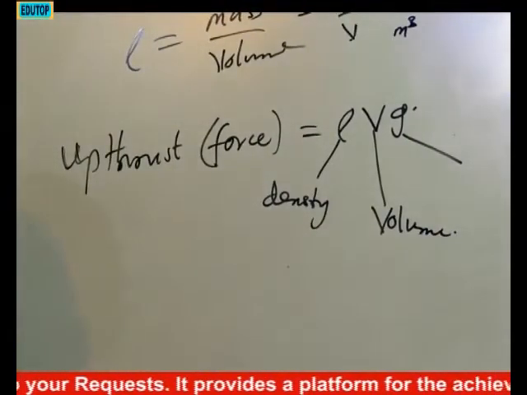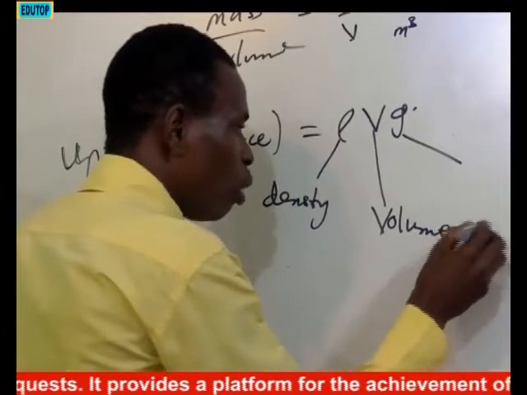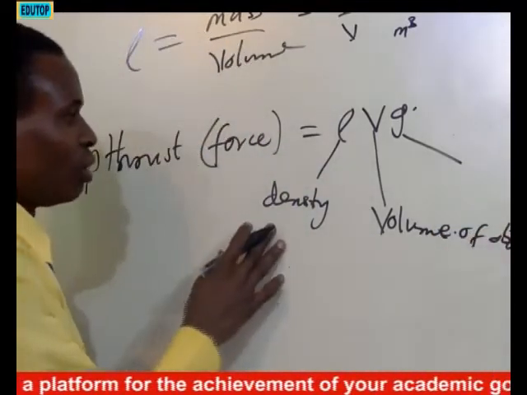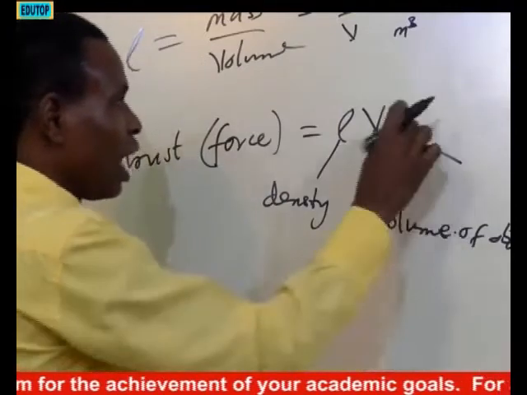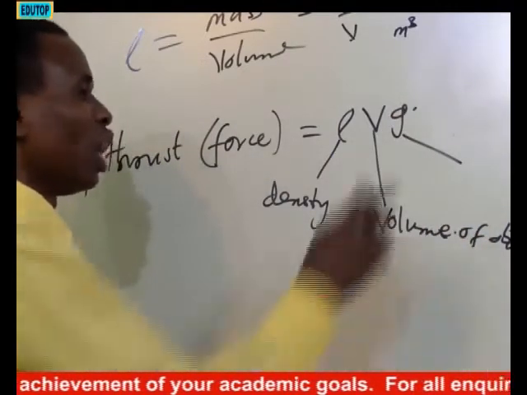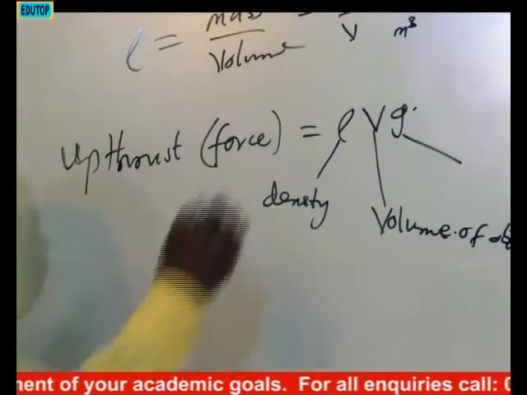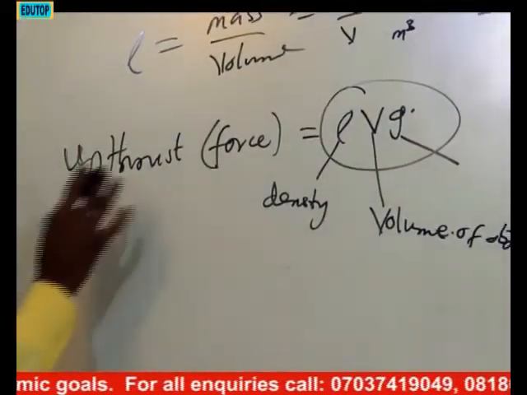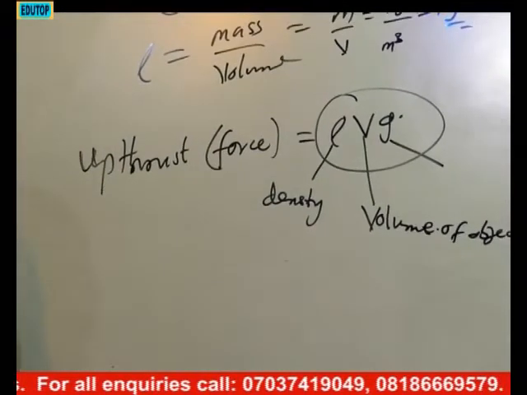Density of the liquid, this is the volume of the objects, not of the liquid. Density of the liquid, volume of the objects, and this is our acceleration due to gravity. So this is now the formula you can use to calculate the upthrust.